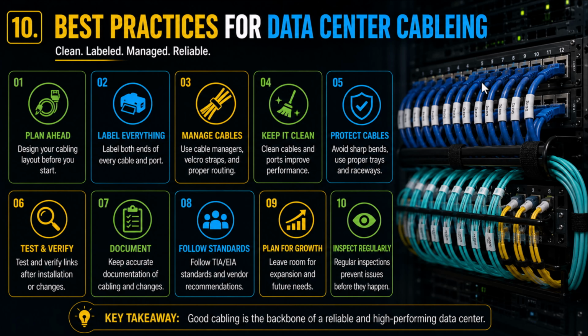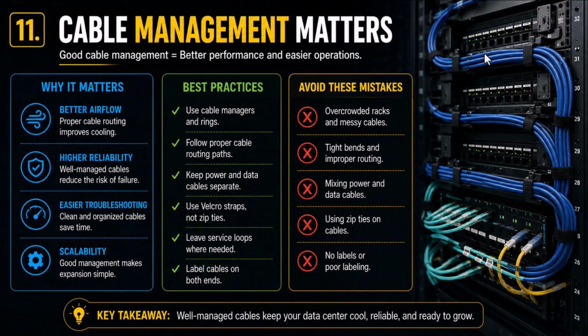In a production data center, organization is part of reliability. Cable management might look cosmetic, but it's actually operationally important. Cables should be routed properly and supported correctly. We don't want cables hanging everywhere, blocking access to equipment, interfering with airflow, or creating unnecessary stress on connectors.